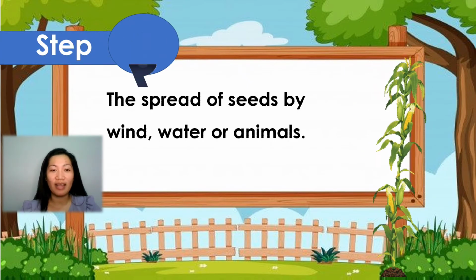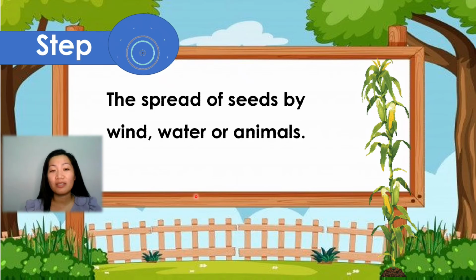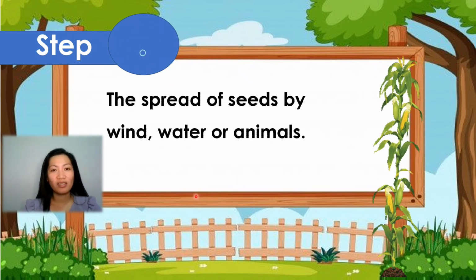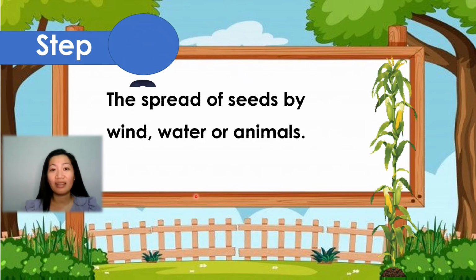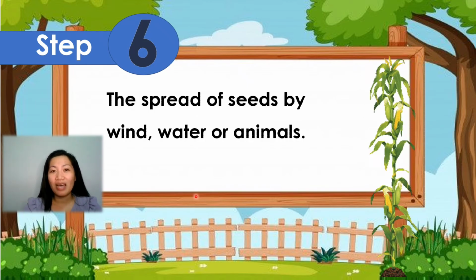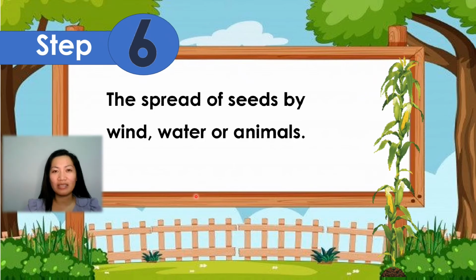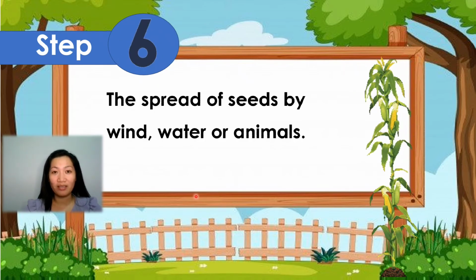This is the last step of the life cycle of a flowering plant. This time is the spread of seeds by wind, water, animals, or even humans. So by the time the plants bear the seeds, that's the time they will again reproduce into new plants.